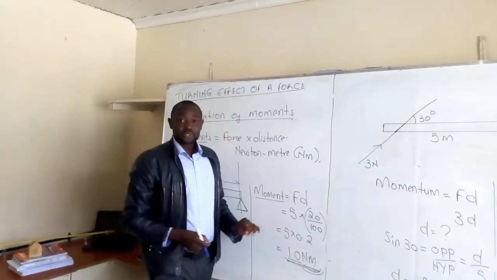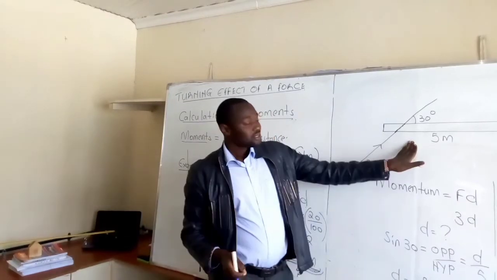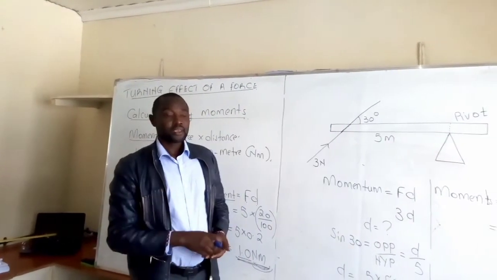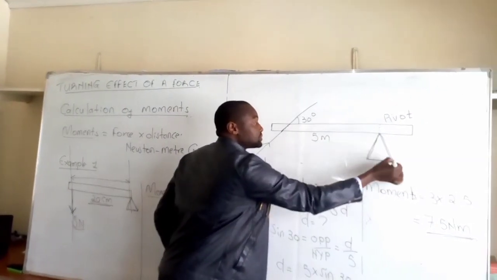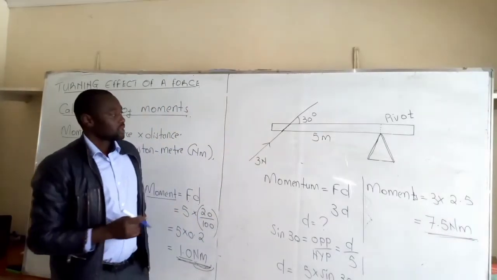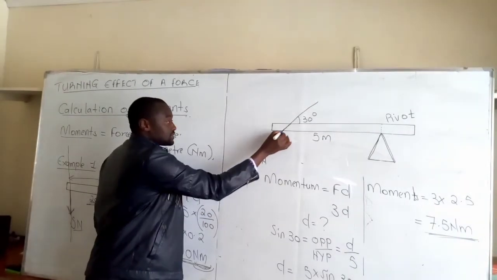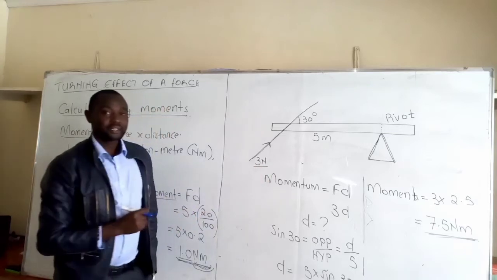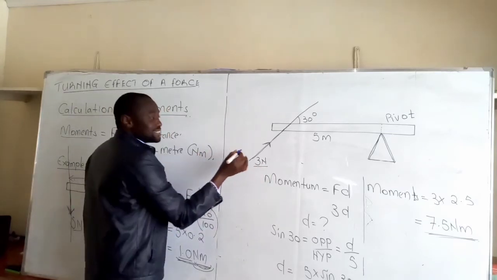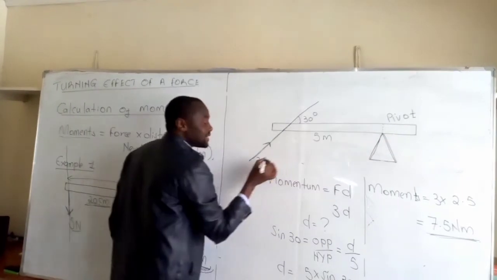On to our second example here. Look at the position of our pivot. This is our force, a force of 3 newtons. This force is acting on the bar at an angle.